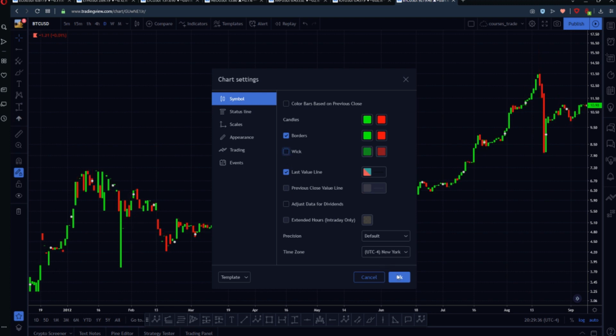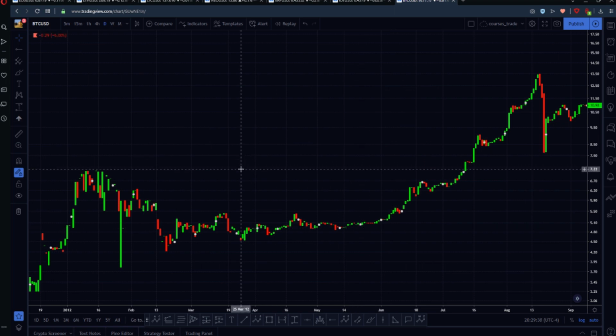Okay, wicks cannot be part of support and resistances. They cannot be part of trend lines. This is very important. Okay, so we're gonna use this tool right there. Remember, 1 day, and the color for this is green.